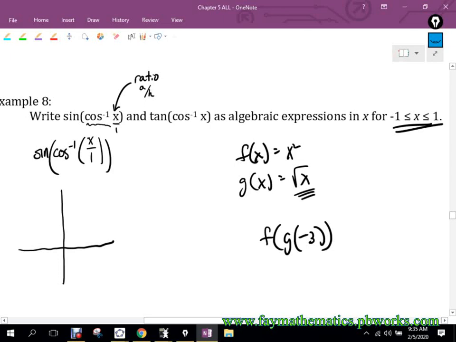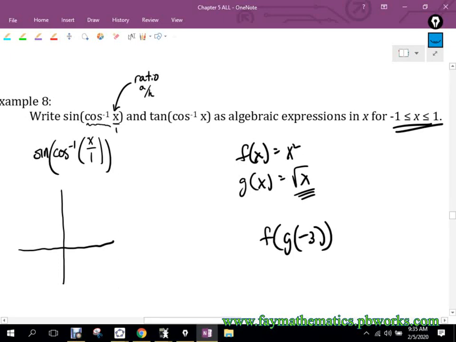But for the real numbers, is g defined at -3? Can I take the square root of negative 3 for the real numbers? No. So therefore, I can't evaluate f of g of negative 3. Does that make sense? So that's why they're telling me that -1 to 1 is required, because my innermost function has to be defined in order to then take the sine of that innermost function.